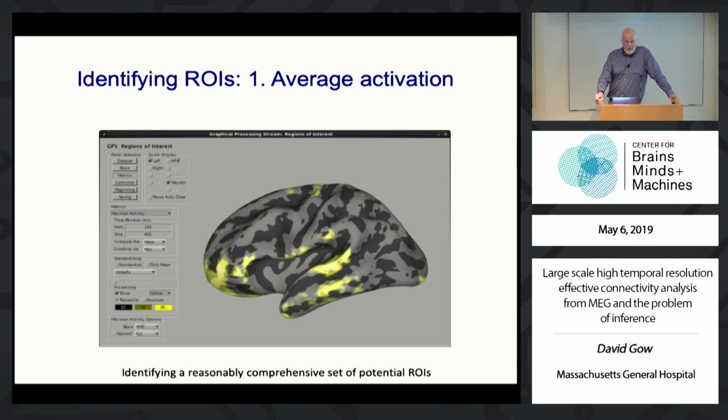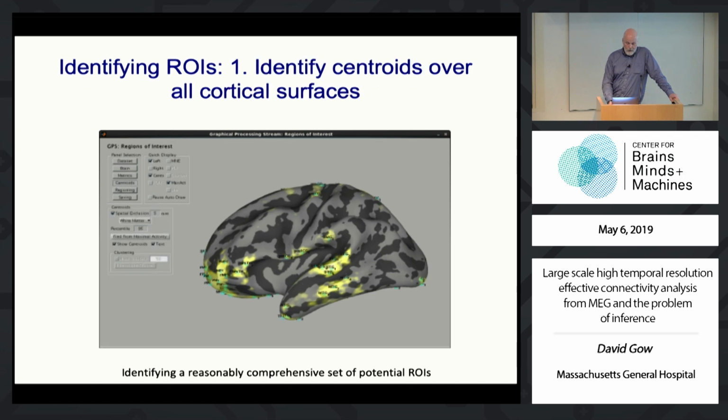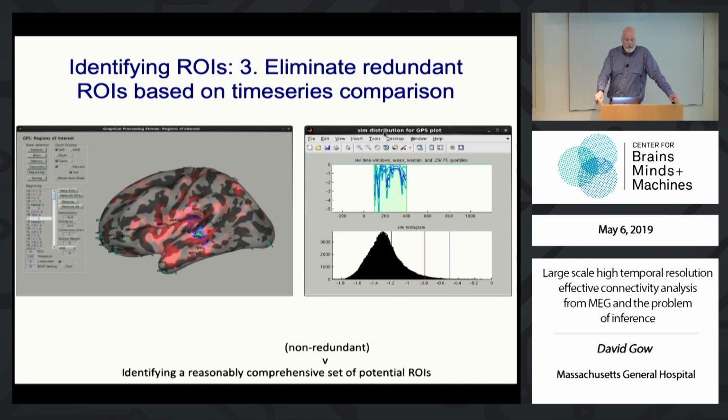So when we're identifying ROIs, here's the approach we've come up with. We will come up with some measure of average activation. Then we're just going to pick points that seem to show larger changes in activation relative to baseline. These are going to be our potential centroids. Then we're going to eliminate redundant ROIs based on time series comparison.